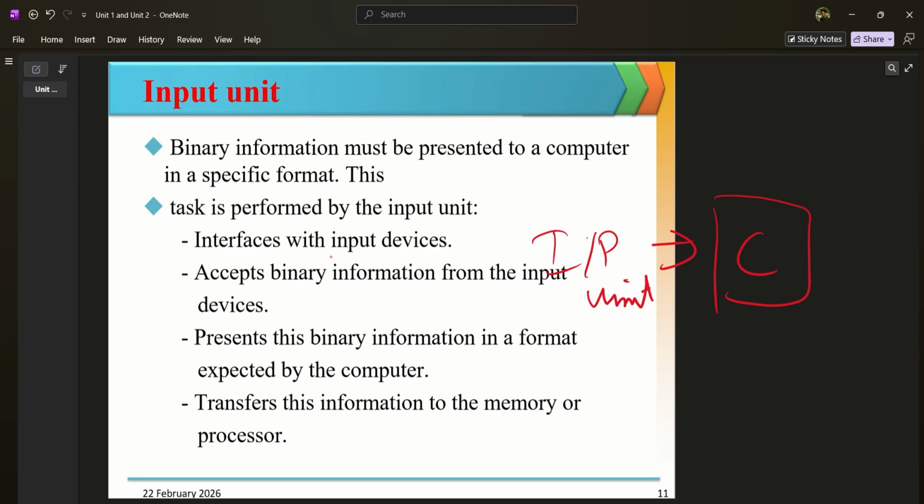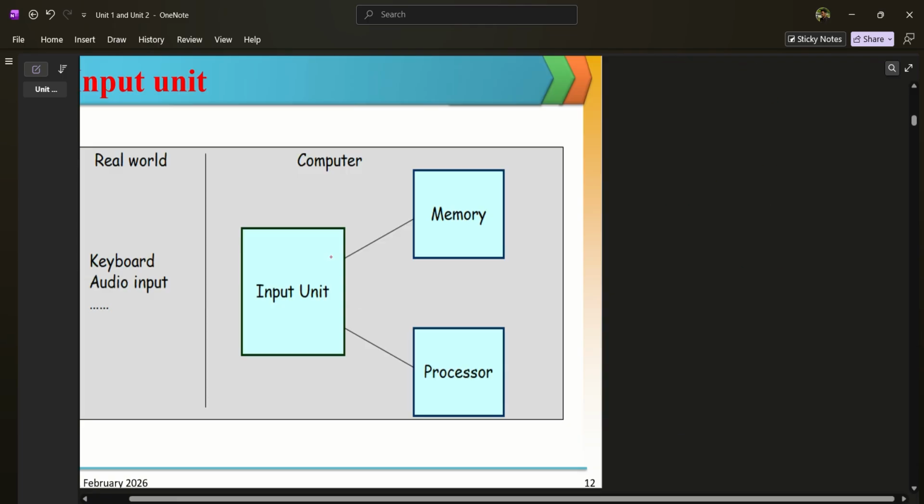The tasks performed by the input unit are interfacing with the input devices. It accepts binary information from the input devices and presents it in the format expected by the computer. After converting it into a form which the computer understands, it transfers this information to the memory or the processor.